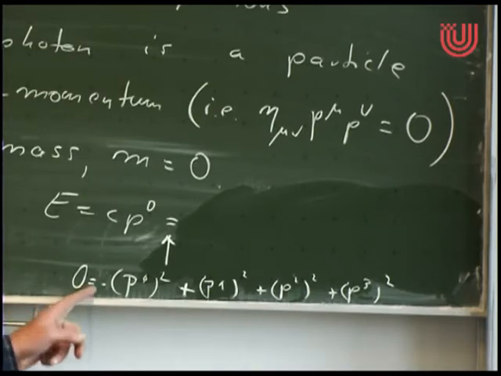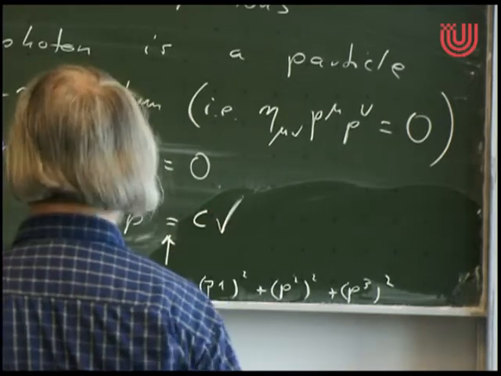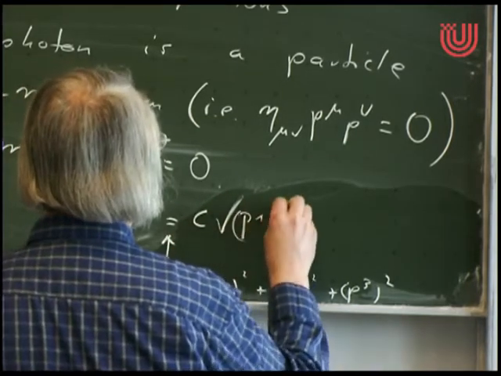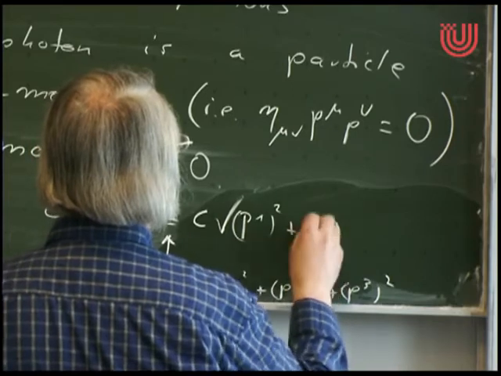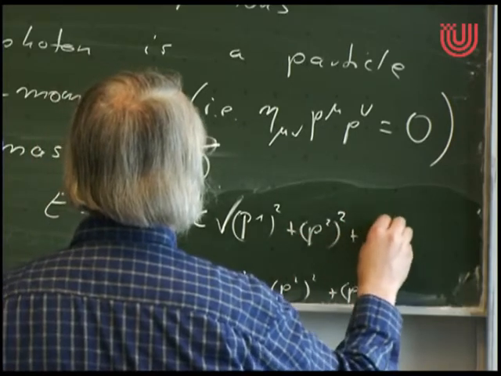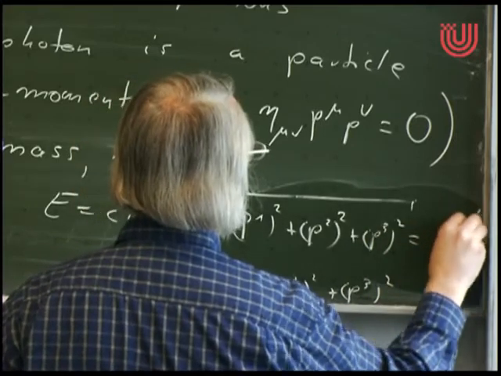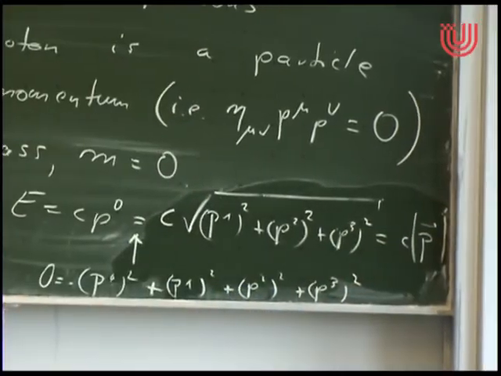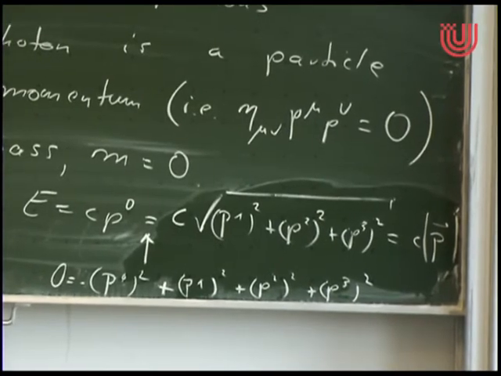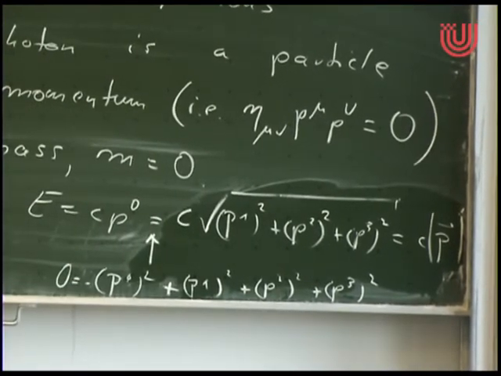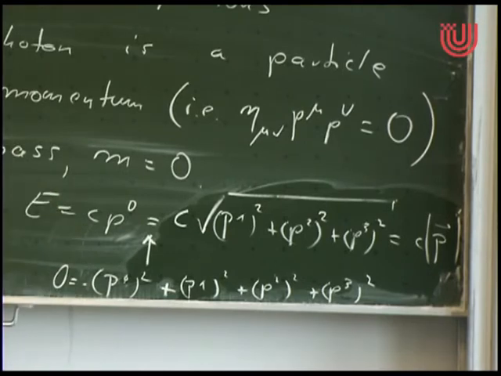For photons, this expression is equal to 0, so I can solve for P naught, and then I get C times the square root of P1 squared plus P2 squared plus P3 squared, or if you like to write it in this shorthand way, it's C times the absolute value of P. So that's the relation which holds for photons, right?